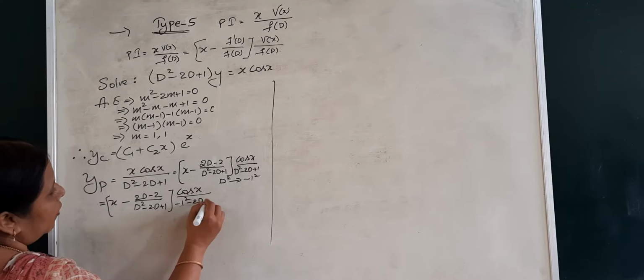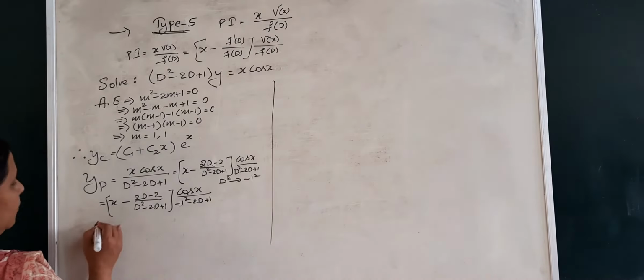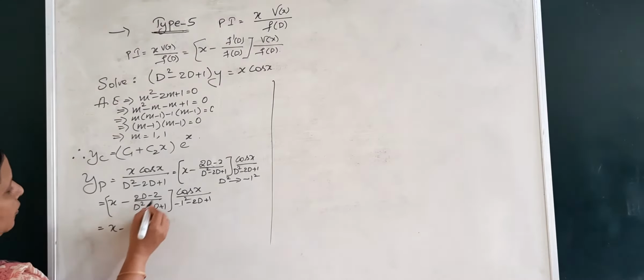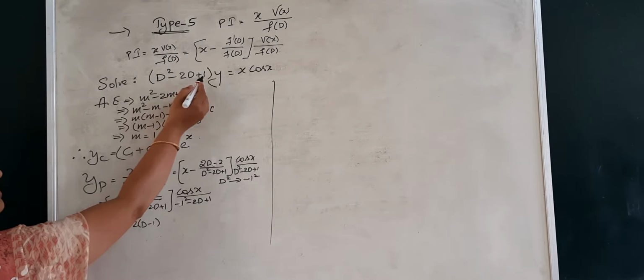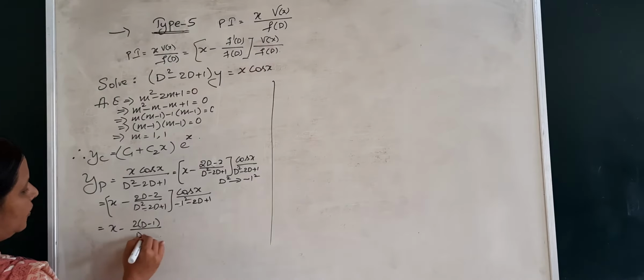So just remember that. Anyway, this is equal to x minus 2(D − 1) over that. What is the expansion of the denominator? It is nothing but (D − 1) the whole square.